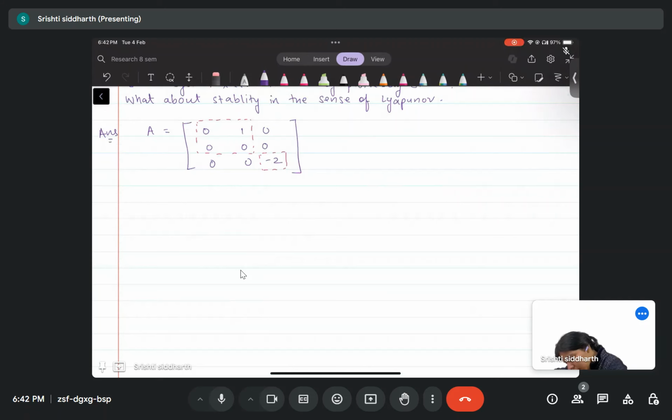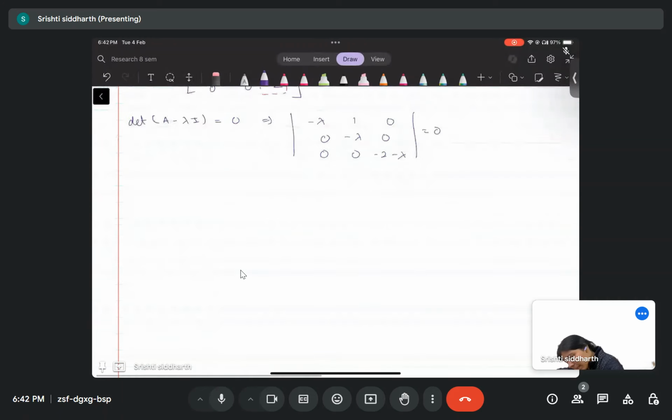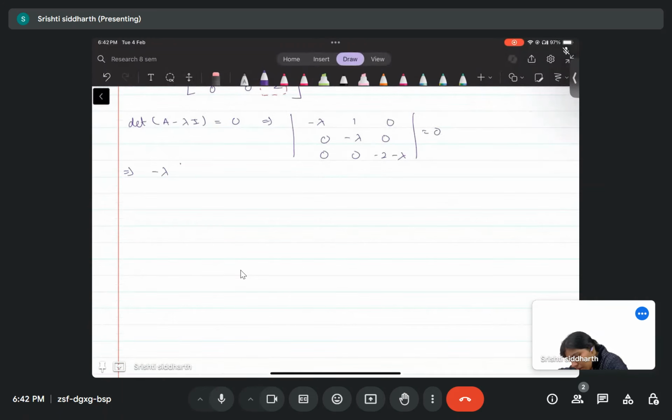So let's see. Minus lambda, minus 2 minus lambda, and 0, 0, 0. It should be 0. Okay, so we have minus lambda, again minus lambda, minus 2 minus lambda equals 0.